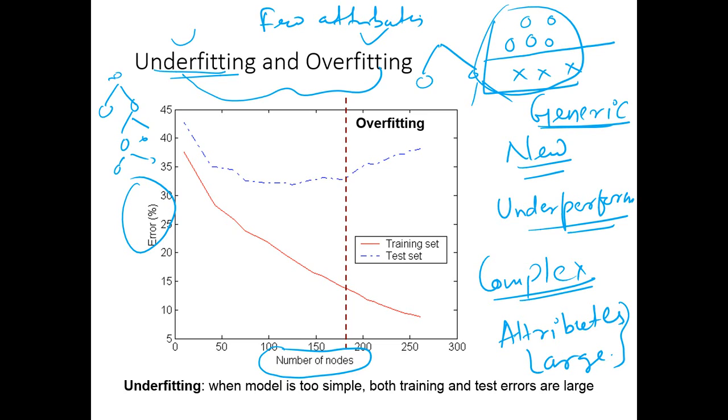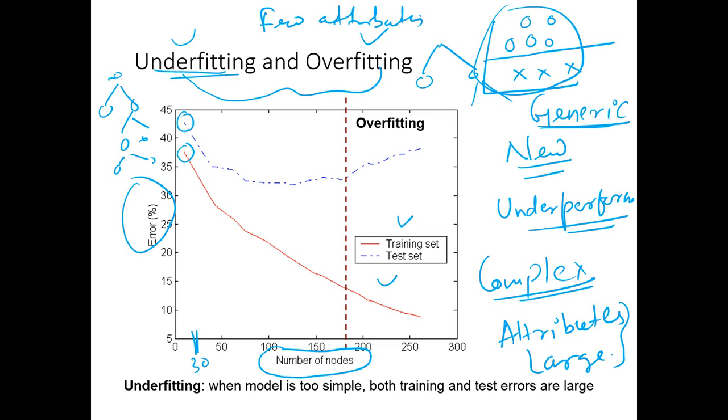If you have a very simple model with very few nodes, look at this number, less than 30, then you will have a very high percentage of error, both in training data and test data. By the way, training data is something that we know for sure, something that we are using for building the model.